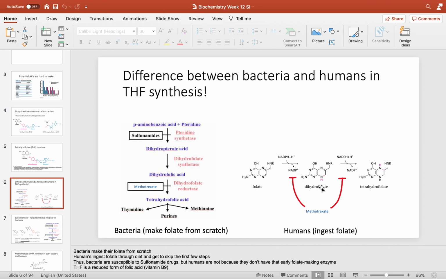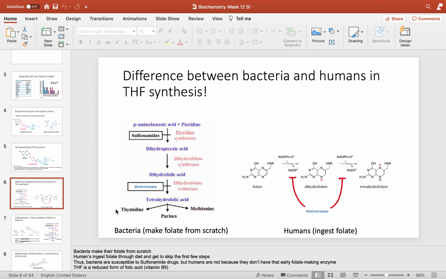So between these two names we saw that we added on 2 hydrogens here, which is what reduction is, and we see it's over here in pink. And now a second subsequent reduction will be catalyzed by the same enzyme, dihydrofolate reductase, and that'll create tetrahydrofolate. So the 2 hydrogens now added on are on the top. So we see that to get from folate to tetrahydrofolate, we just need to have 2 reductions.